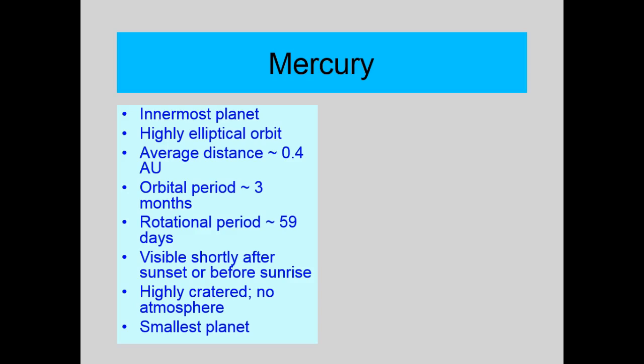Orbital period. Now this is measured in Earth years, okay? And you'll see that the ones closer to the sun move much faster, and those further from the sun than the Earth move much slower. Rotational period, that's the spinning on the axis. Orbiting is going around the sun. Rotation is spinning around their axis.